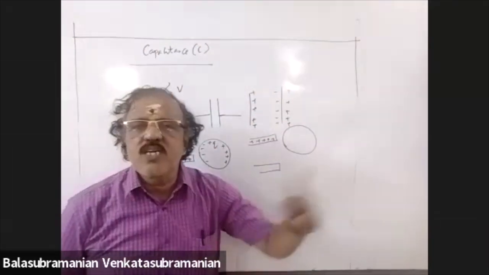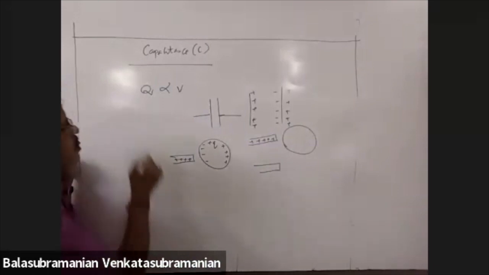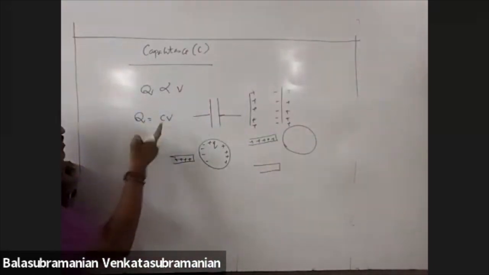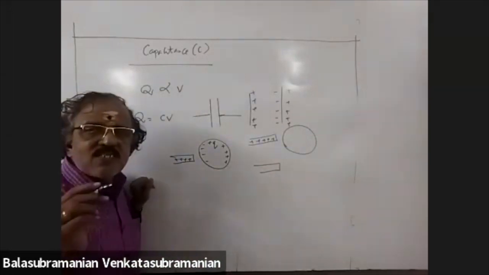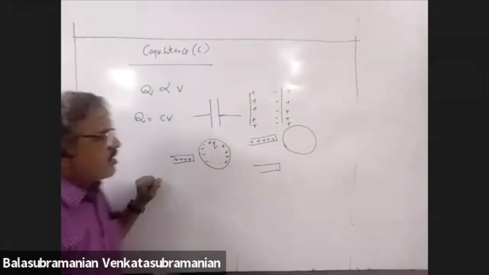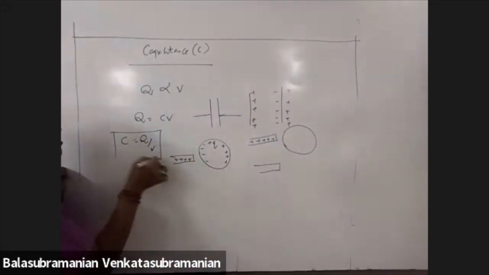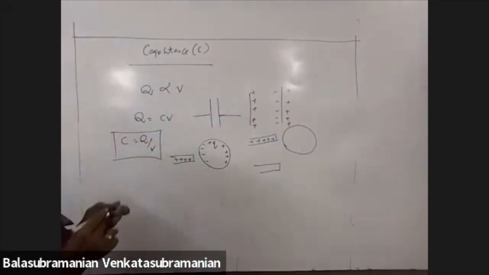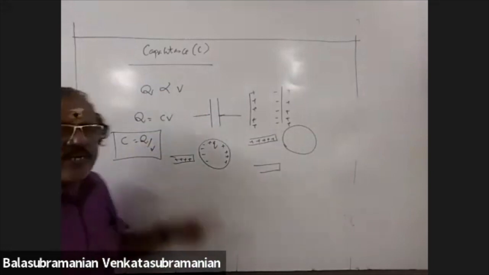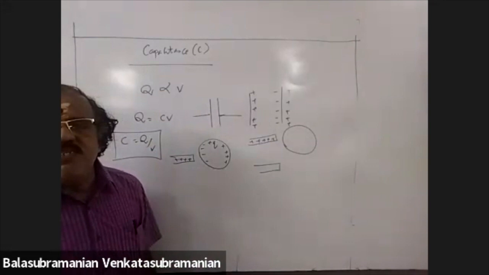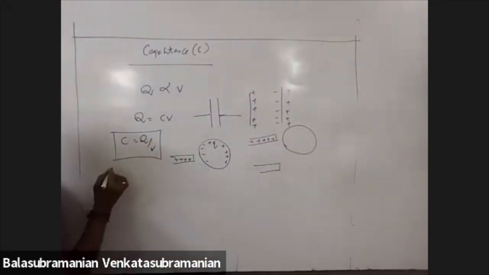Q is proportional to V, or Q is equal to a constant C into V, where C is called the capacitance of the conductor. I can write C is equal to Q by V, the ratio of the charge given to the conductor to its potential.